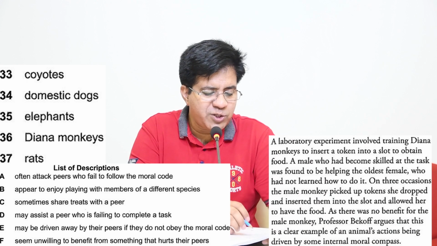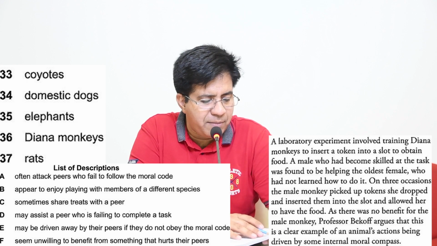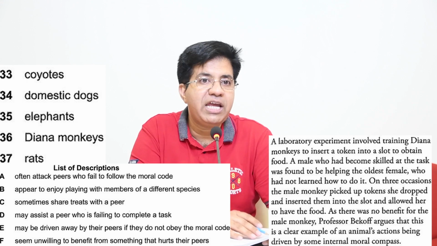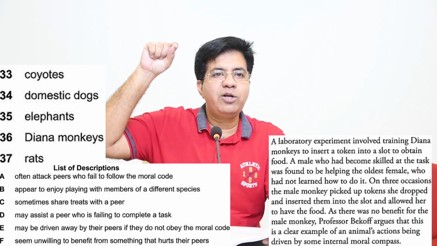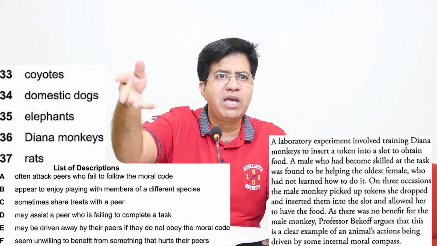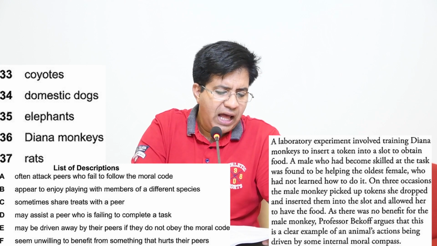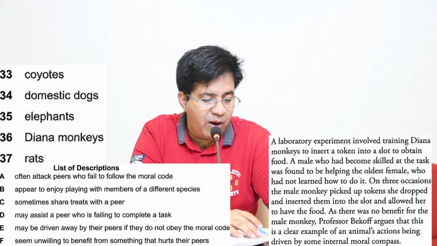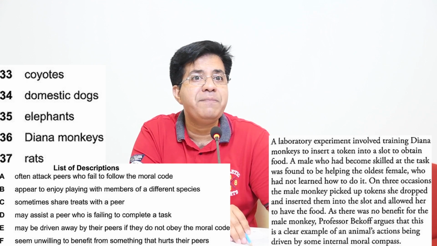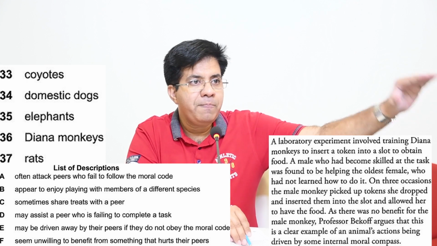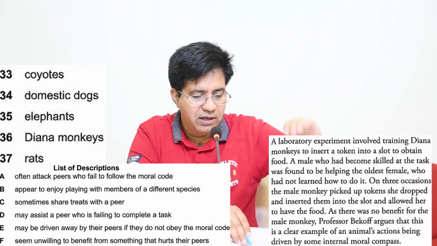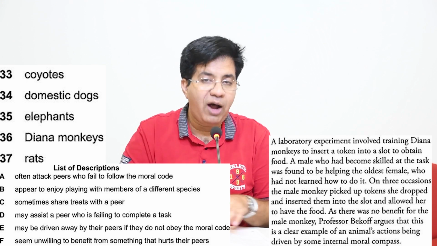A laboratory experiment involved training Diana monkeys to insert a token into a slot to obtain food. Now try to understand, they had to insert a token in a slot like video games we play to get food. A male who had become skilled at the task was found to be helping the oldest female. Now Diana monkey, male Diana monkey was helping oldest female, right? Who had not learned how to do it.